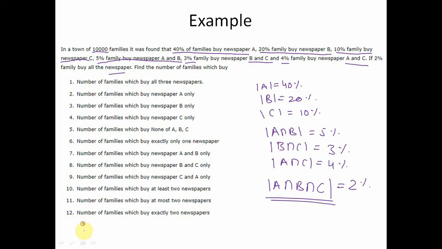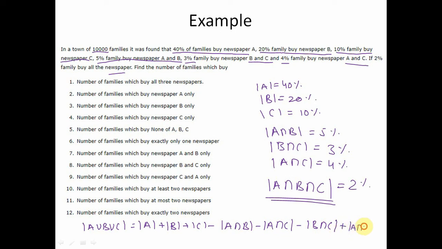For applying the principle of inclusion and exclusion for three sets, I must have A union B union C. The principle says A plus B plus C minus A intersection B minus A intersection C minus B intersection C plus A intersection B intersection C. So everything is given over here, right?